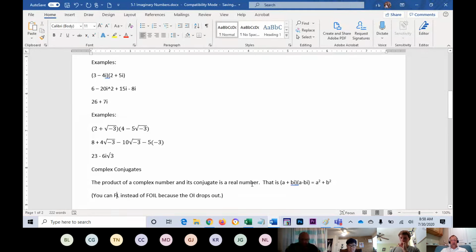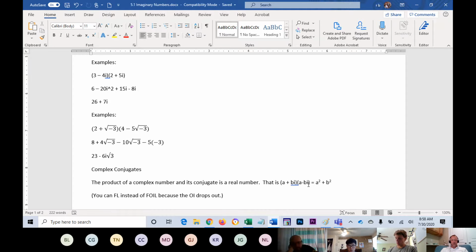So you can FLA. So this becomes a squared plus b squared. Because positive b times negative b, you'd think that would be a negative, but i squared is negative 1, so it flips the sign, and it becomes positive. Okay?